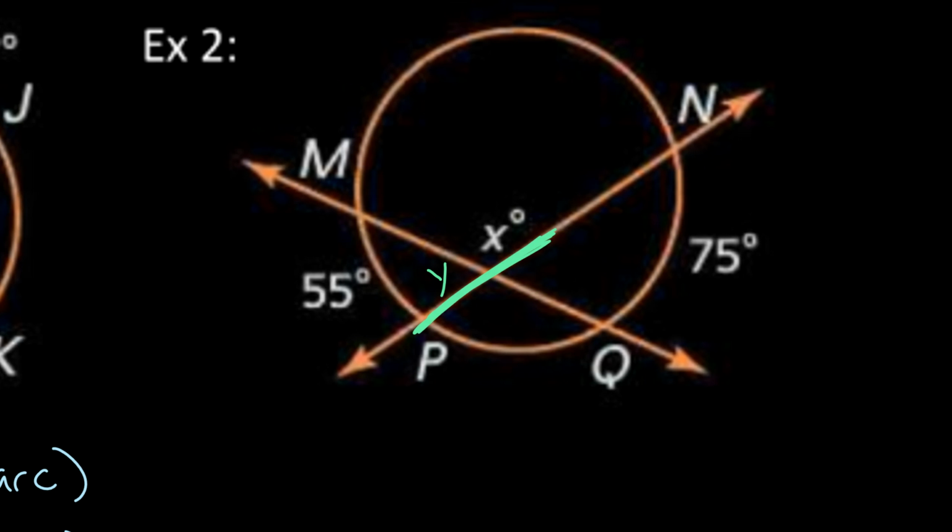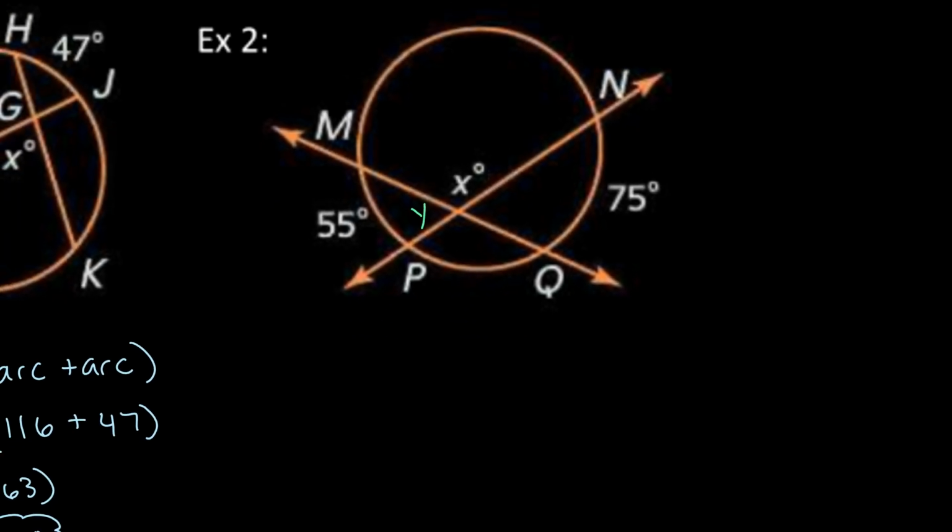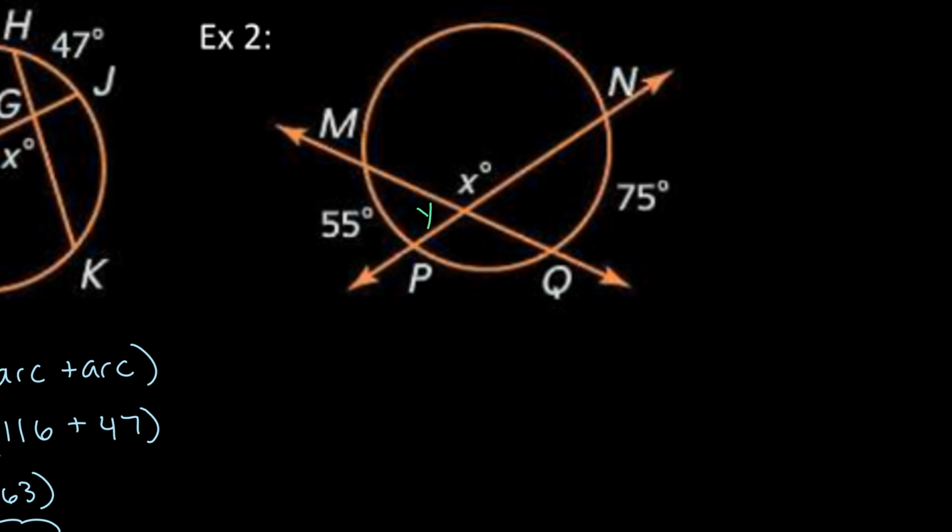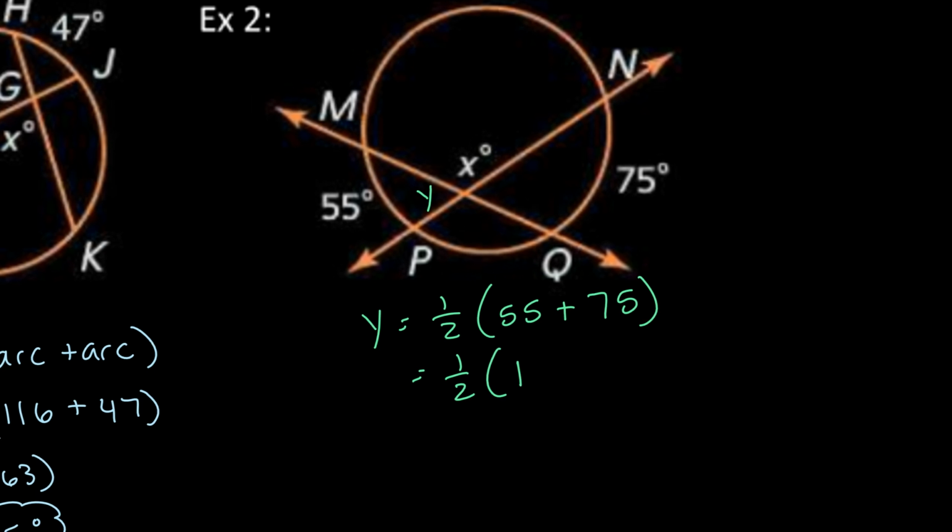Is this going to be on the slides? Maybe. All right. So now we're first going to solve for Y. The angle is equal to 1/2 the arc it creates, which is 55, plus the arc across from that arc, 75. 55 plus 75 is 130.